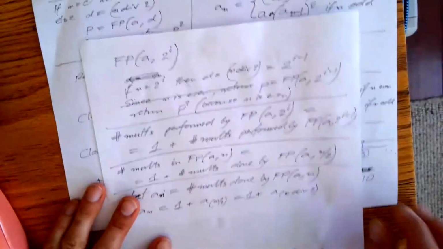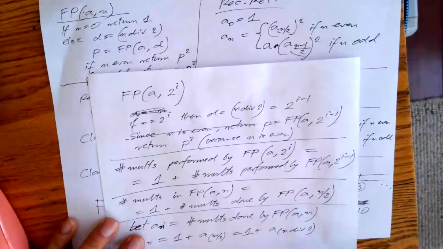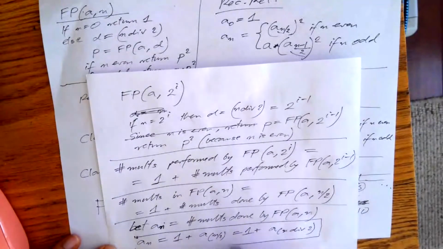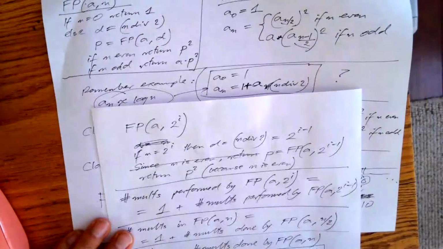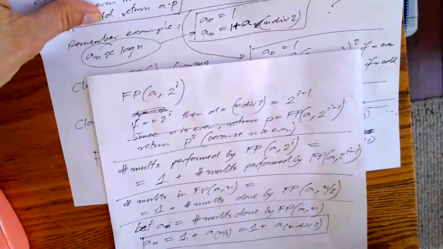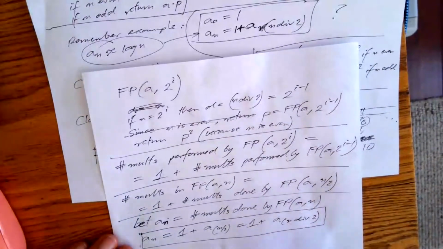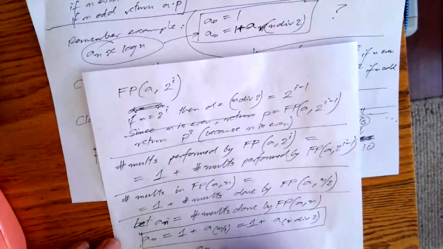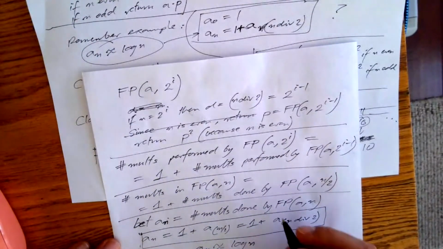So this is the code and this is the claim. So it is the same recurrence relation, okay, that was here. It is the same recurrence relation. Therefore, a n is about log n. And this is just the recursive part of the relation, right?